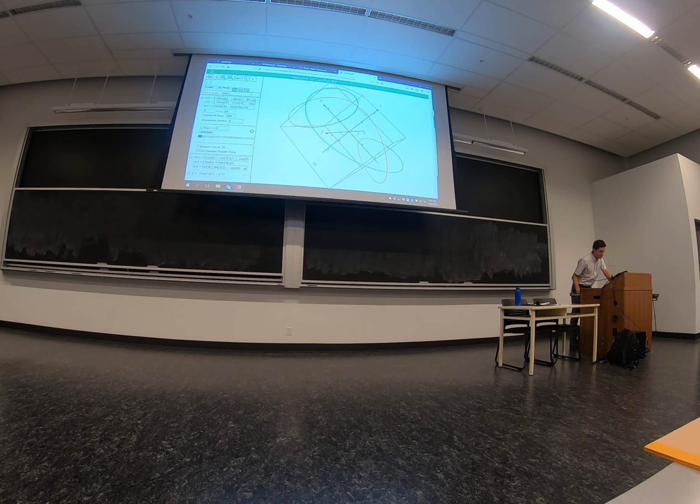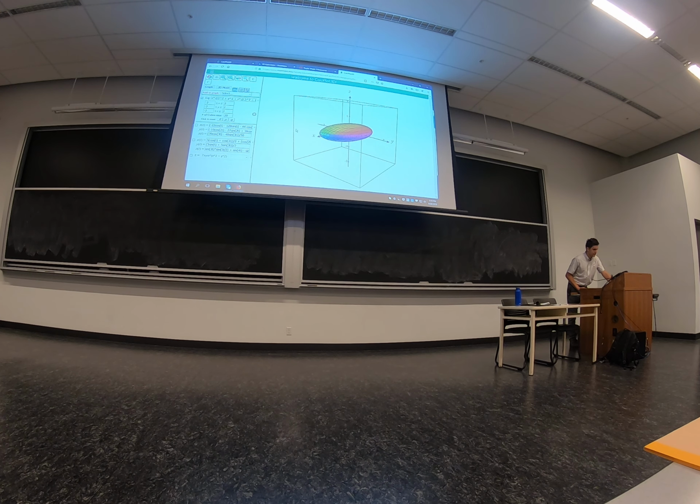There's another cool knot. Ooh. Okay, so there's space curves, implicit surfaces. There's an ellipsoid. Awesome. So yeah, lots and lots of examples.